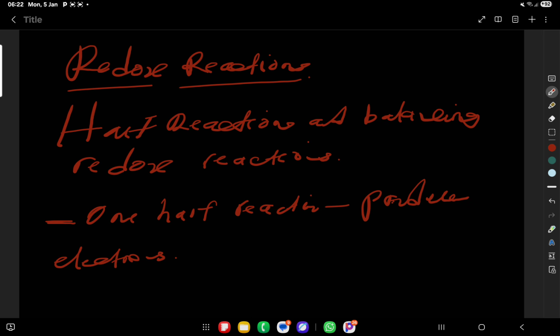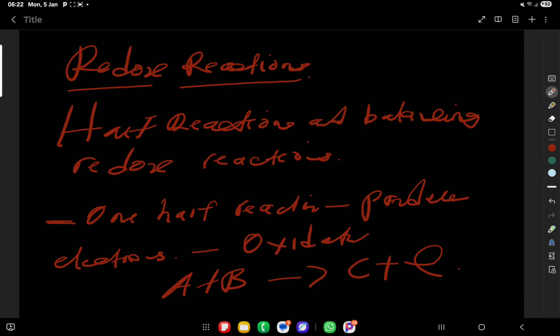So it produces electrons. You are going to have a reaction A plus B. If electrons are lost, you're going to have C plus the electrons on the right side of the equation. So the half reaction which produces electrons is called the oxidation half reaction, because it is the loss. Loss means the electrons are on the right of the equation. That is one of the half reactions.